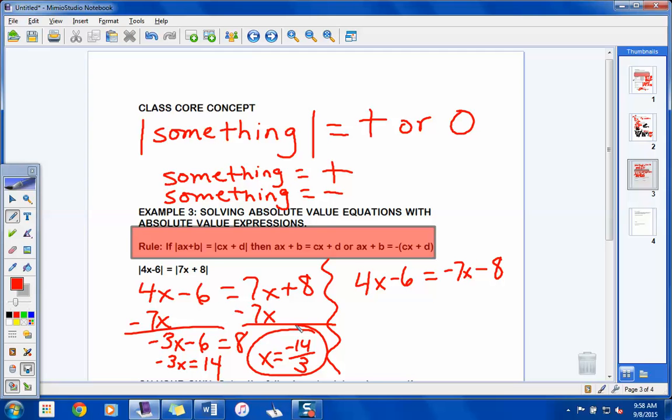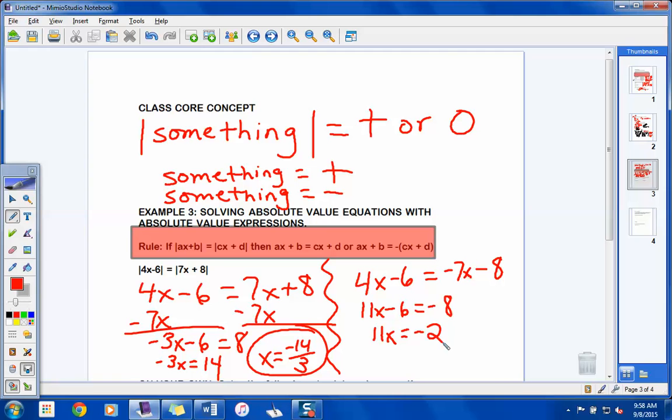Add a 7x. So this becomes 11x minus 6 equals negative 8. Add a 6, right? So what's negative 8 plus the 6 going to get you? Negative 2, right?